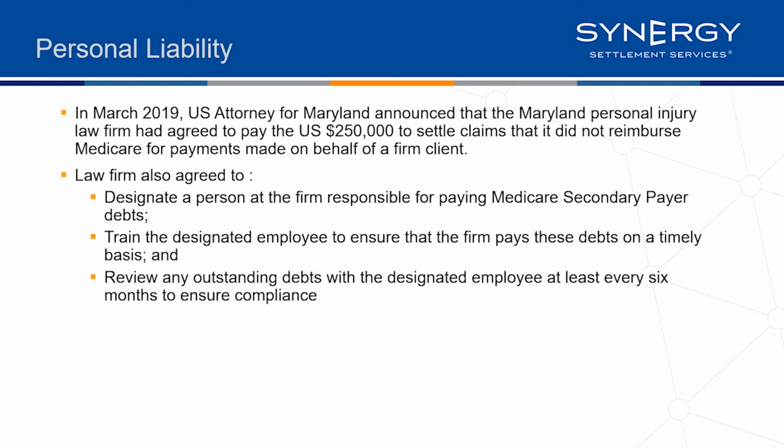In connection with this settlement agreement, the law firm also had to designate a person at the firm who is solely responsible for paying the Medicare secondary payer debts. That person has to be a trained designated employee, and there was an obligation to review any outstanding debts with that designated employee at least every 6 months to ensure compliance.